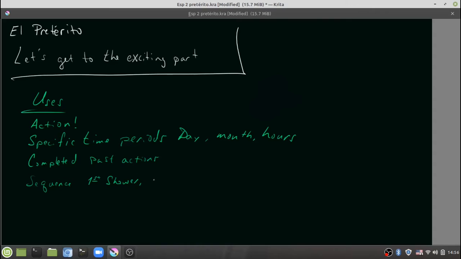After my shower is done, I usually brush my teeth. And it's kind of backwards, but after that I go and eat something. But you get the point. So if we're talking about the way we do things in sequence, each one of those things that happens first and second and third and next and after that, that's the preterite tense doing that job right there.